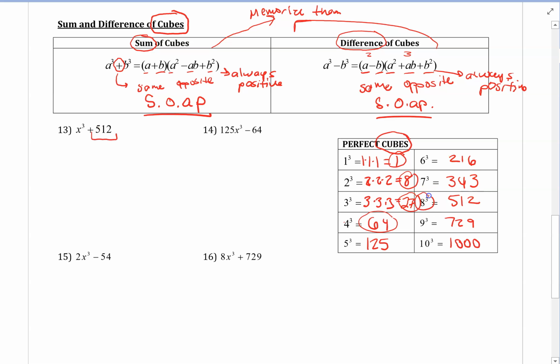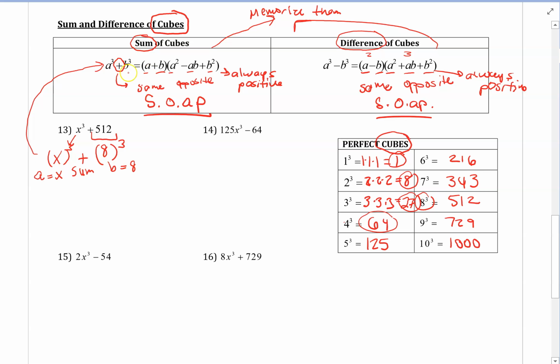And then, of course, x cubed is x cubed. And then they're being added. So this is a sum of cubes. So it's going to use this formula here with the SOAP. A plus b, a squared minus ab plus b squared. A in this case would be the x. B in this case would be 8.